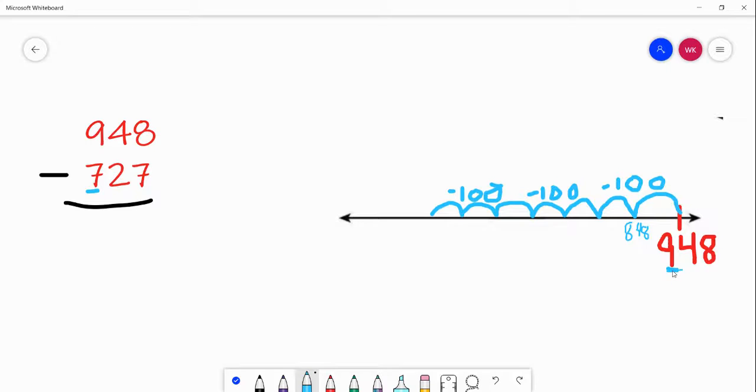So 848 minus 100 gives you 748. 748 minus 100 gives you 648. 648 minus 100 gives you 548. 548 minus 100 gives you 448. 448 minus 100 gives you 348.